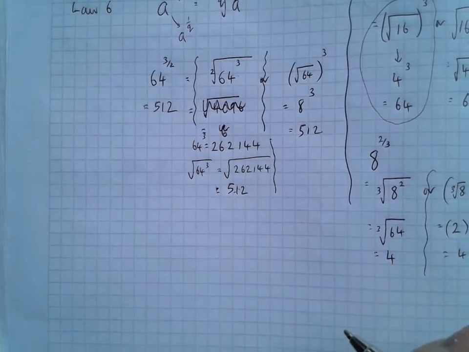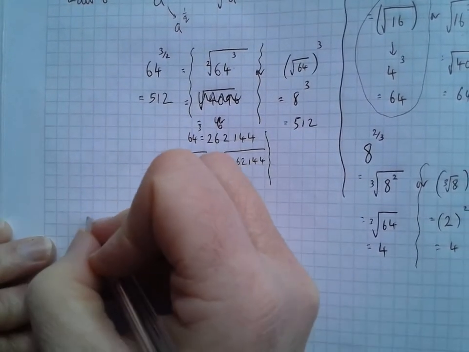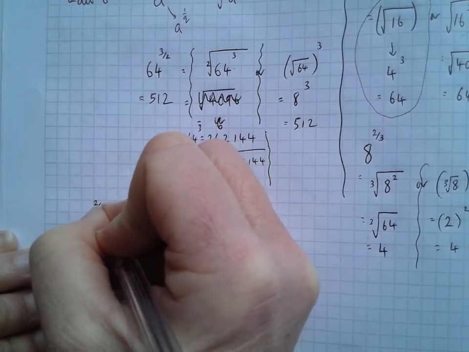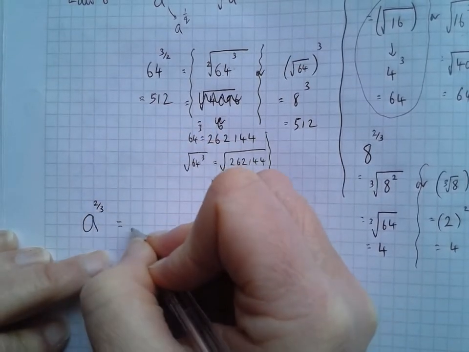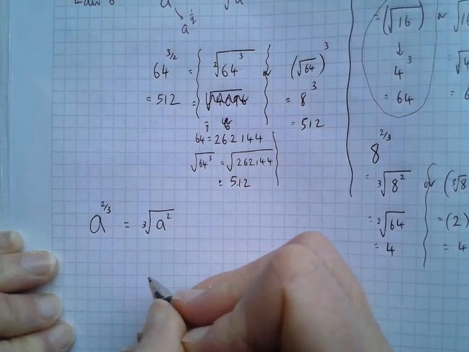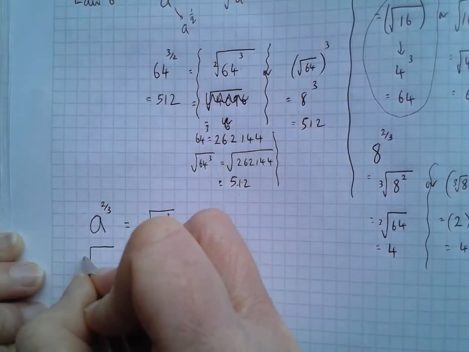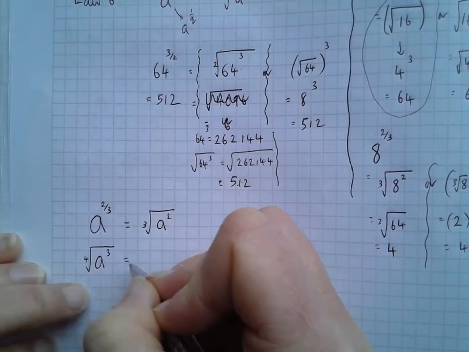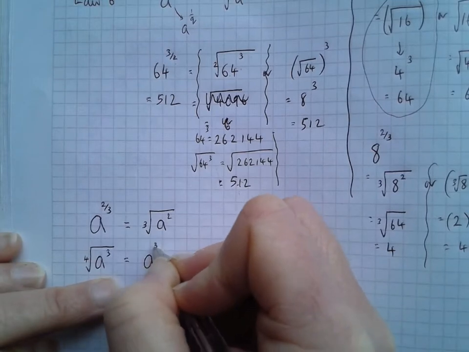Okay, so how would it look in letters? If I had a to the power of, let's say, 2 over 3, I would know that what they mean by that is the cube root of a squared. And equally, if I found that I had, say, the fourth root of a cubed, I could rewrite that as a to the power of 3 over 4.